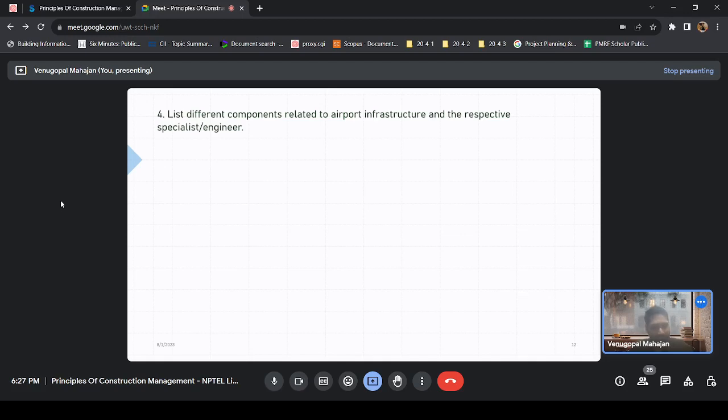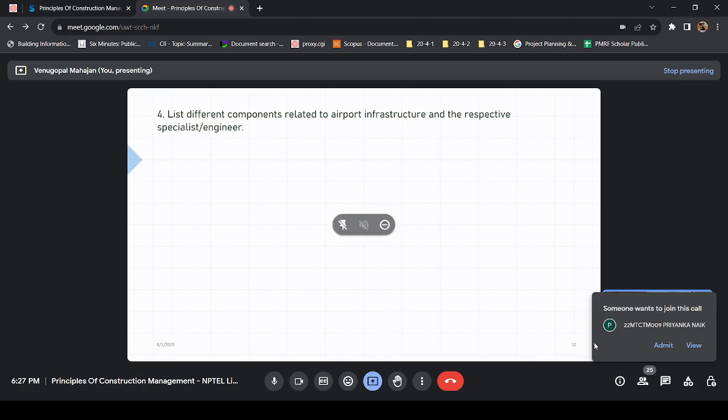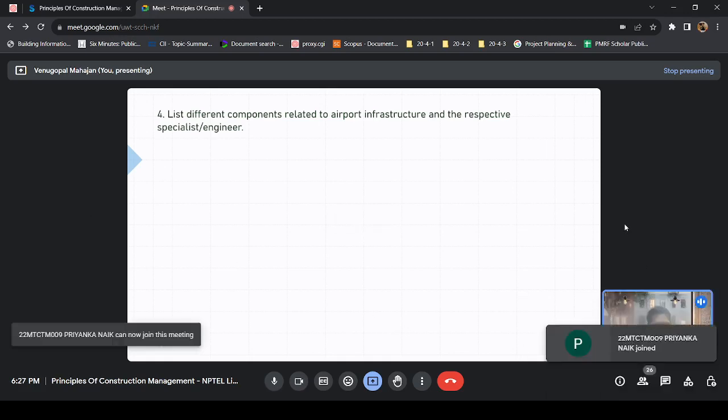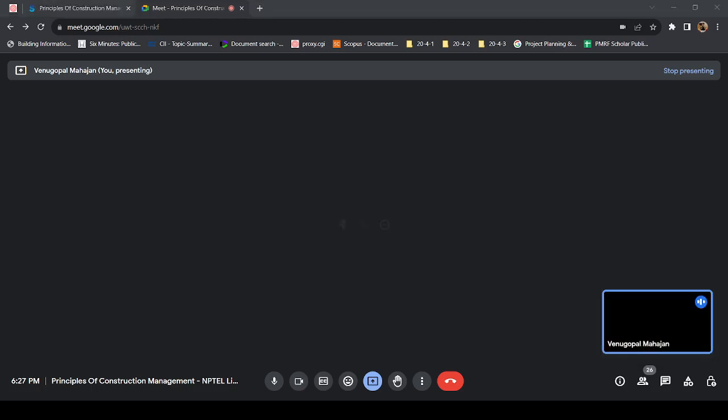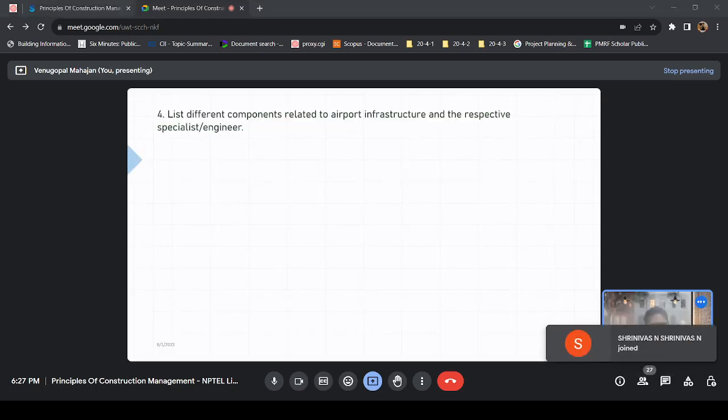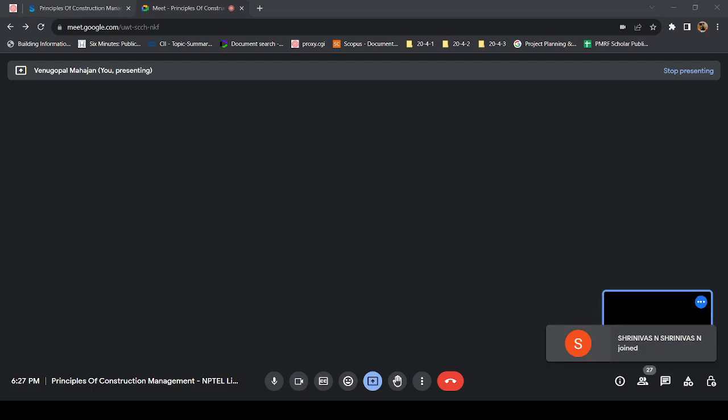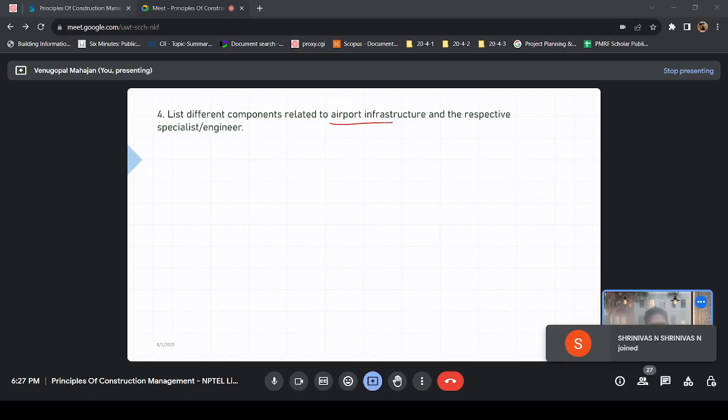I agree 100% with your answers, but like we discussed with the Einstein slide, you have to first try to break down the question. So here we start with: what do you mean by airport infrastructure? What are the different components of it? Can we do that?